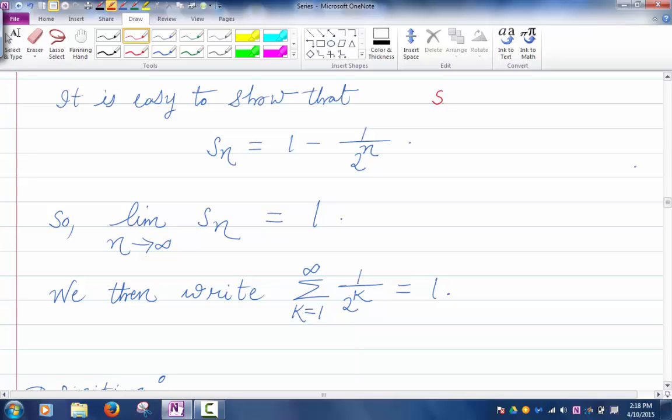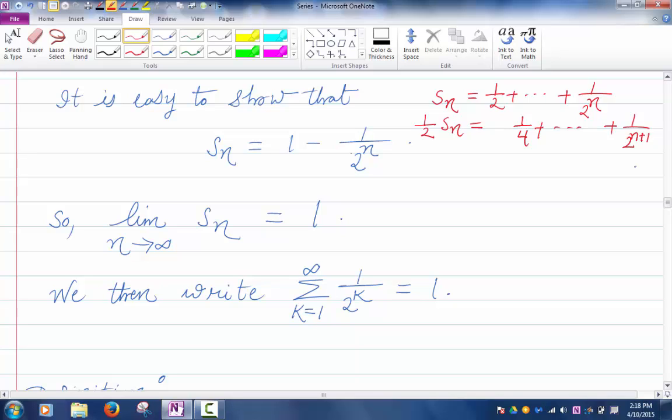All I have is that Sn is a half plus up to 1 over 2 to the n, right? Then I multiply both sides by half, and you get 1/4 plus up to 1 over 2 to the n plus 1. Then you subtract and do whatever we did before, and you can come up with the formula that Sn is 1 minus 1 over 2 to the n.